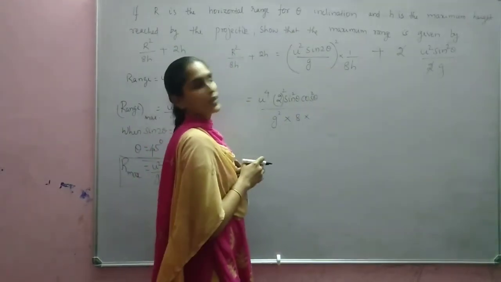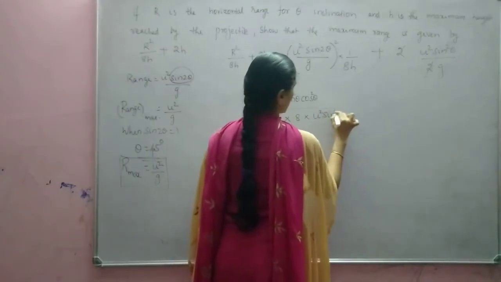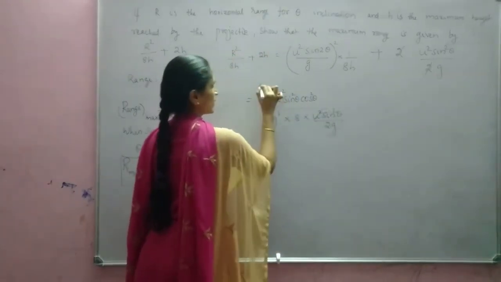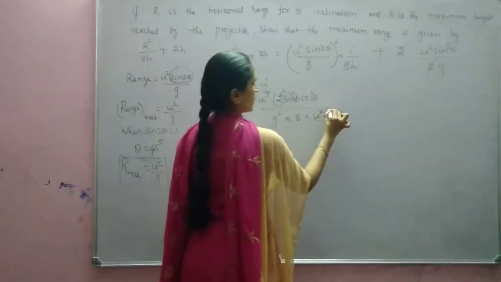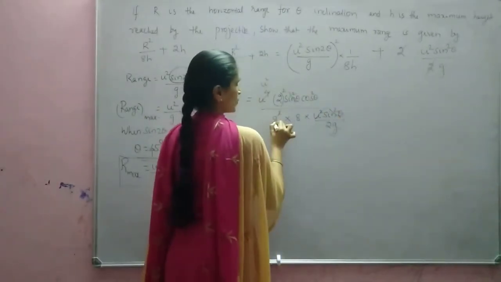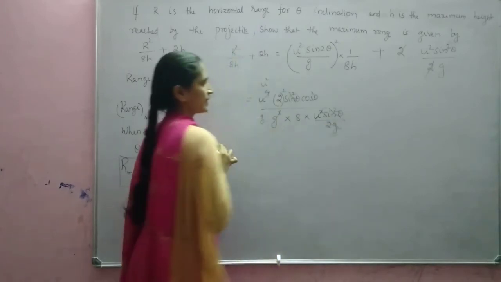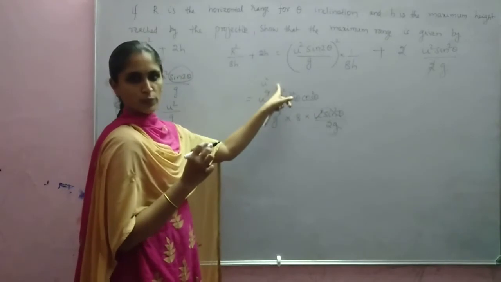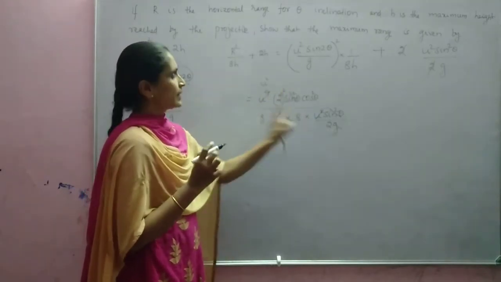What is the formula of height? U square sine square theta divided by 2g. Now this u square you can cancel, so that you will get u square sine square theta can be cancelled, g square and this can be cancelled, so that you will get it as g, and here again this 2 will go to numerator, so 2 square into 2 you will get it as 8. This 8 also will get cancelled.